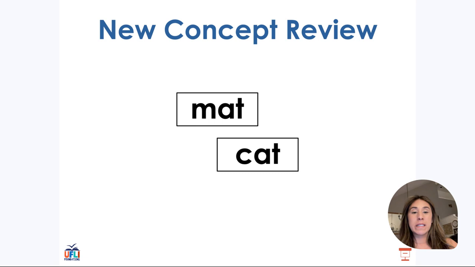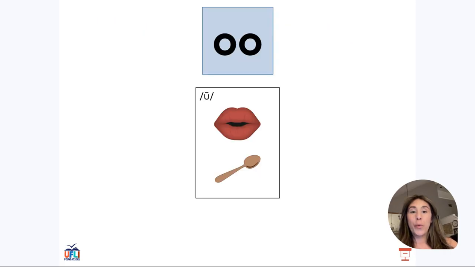So let's go ahead and get started with our new concept review. Hopefully not too new because we just learned a lot of this yesterday. So we have been talking about OO, which we can call long U, and it sounds like ooh, like in spoon.